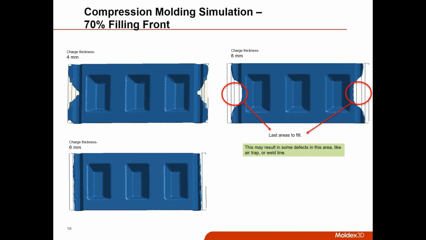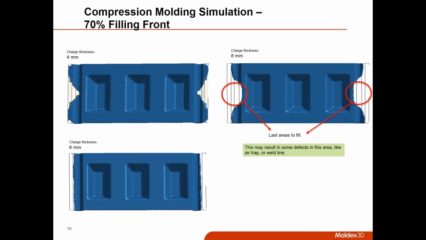How will it change end-of-fill regions? How will it create or resolve defects? This can be seen if modeled in simulation.